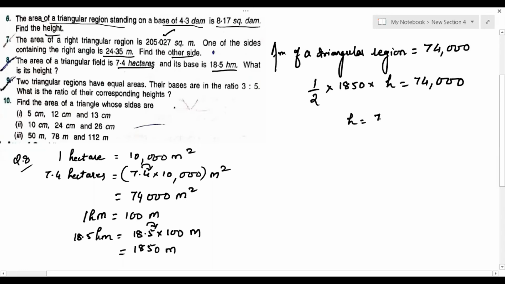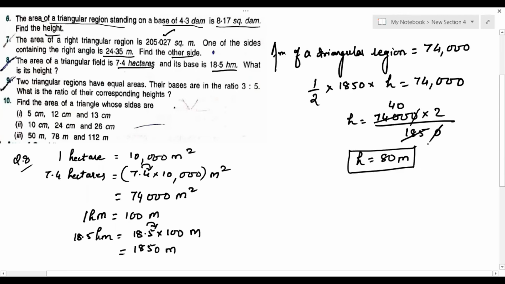Now this will go that side, and it will become 74,000 into 2 divided by 1850. Zero zero will get cancelled, and in the table of 185, 40s are, and 42s are 80. 80 how much? 80 meter. So the required height for the given question is 80 meter.